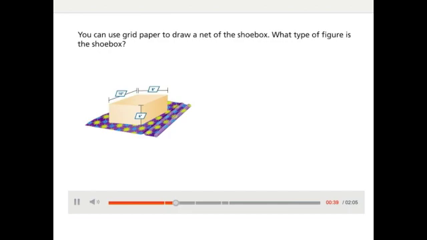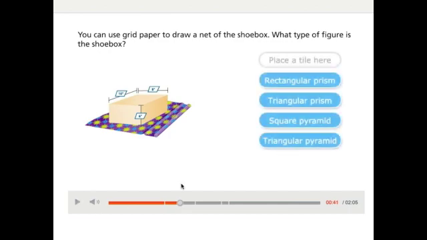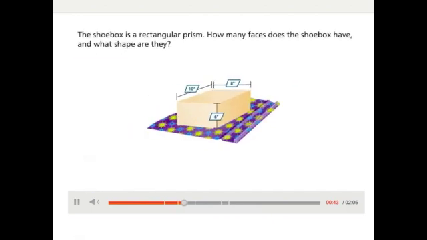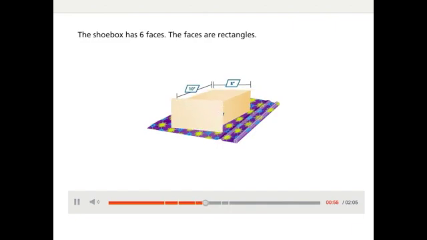What type of figure is the shoebox? Select your answer. The shoebox is a rectangular prism. How many faces does the shoebox have? And what shape are they? The shoebox has 6 faces. The faces are rectangles.